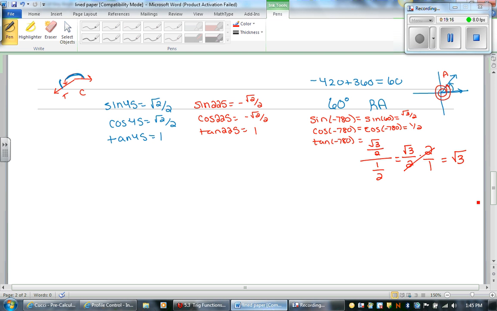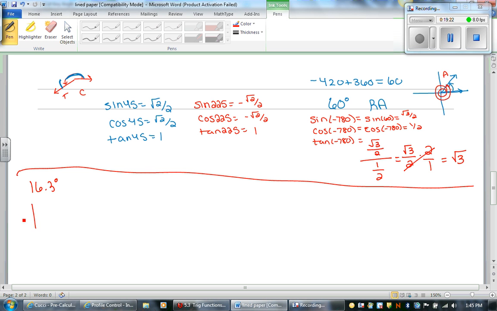Okay? So if it was 16.3, we want it in the second quadrant. What we're going to do is use the rule 180 minus theta. So 180 minus 16.3 is going to give me an angle of 163.7.